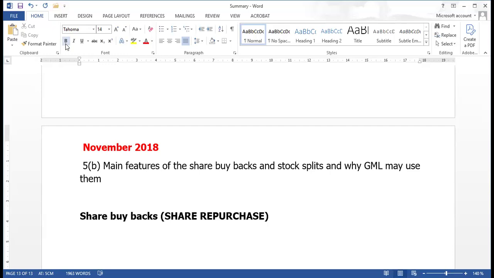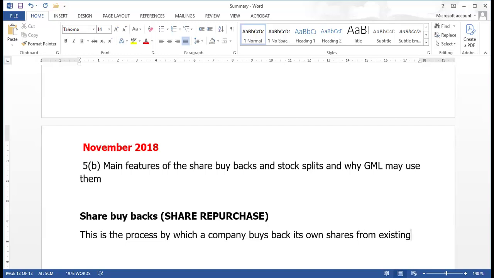Okay, so share repurchase. This is the process by which a company buys back its own shares from the existing shareholders.